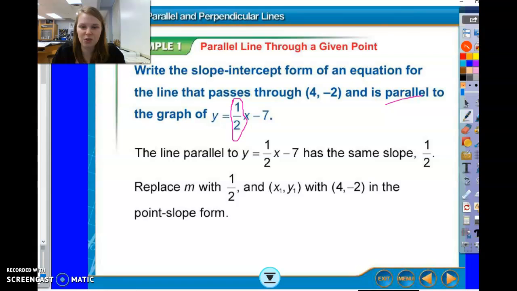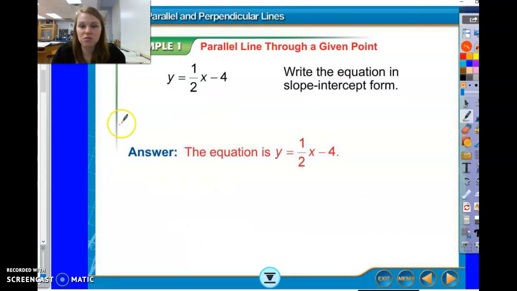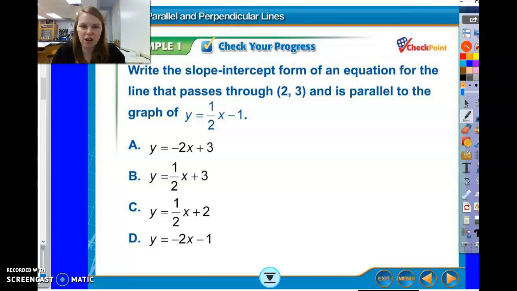They're choosing point-slope form, using the slope of 1/2 and plugging in the x and y values. Pause right here if you want to go through the math. The final answer is in slope-intercept form, which I think is the easiest to read: y equals 1/2 x minus 4. You try this one. Pause right here, see what you can do.